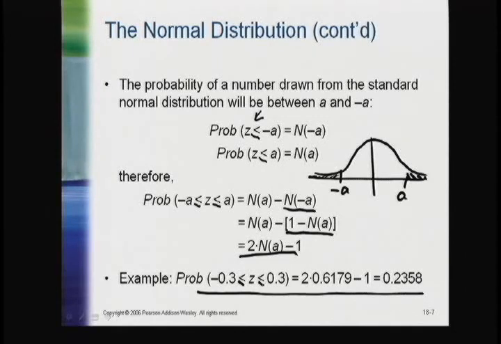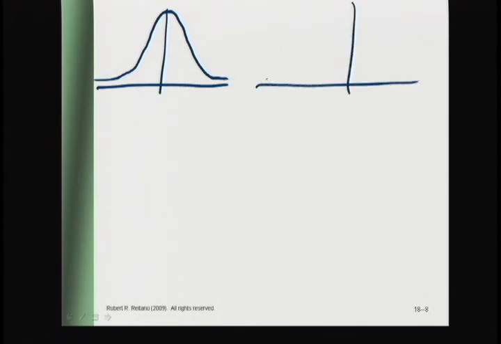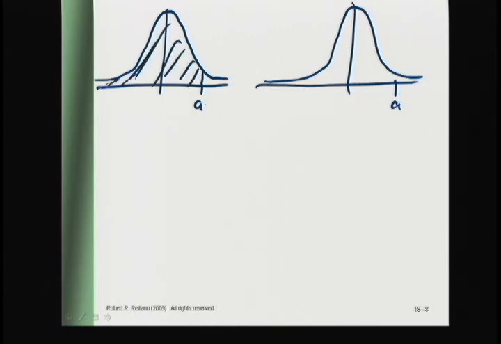So this formula that the symmetric interval is equal to twice n of A minus 1 can also be expressed geometrically. If we just look for a moment and imagine that we have two normal distributions, and we have an A in both. And of course, what's n of A? N of A is an area to the left of A, by definition.